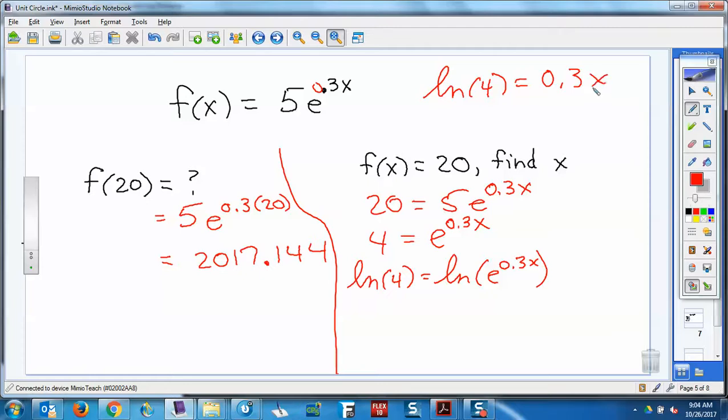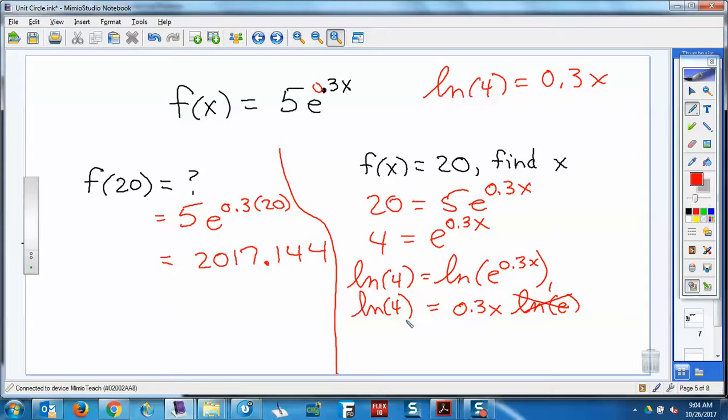Because what am I going to do with this power that's in this log? I'm going to bring it to the front. So I'm going to have 0.3x, and now I'm left with ln e. Well, what did we just say ln e was? ln e is 1. So since ln e is 1, I end up here. So yes, was that an extra step? Okay, so if you want to go right to there, that's fine.